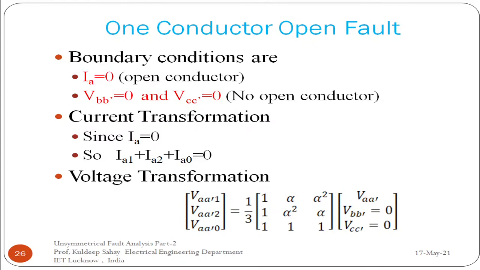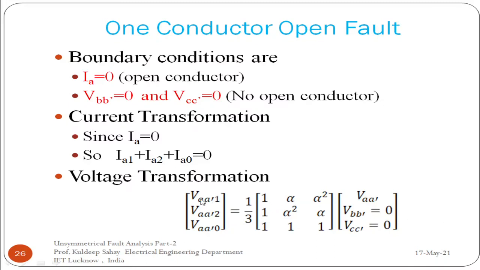The voltage transformation can be done using the circuit condition. Here you know that VB dash is 0 because there is no opening on conductor B, and VC dash is 0 as in this case also there is no opening, so these two terms will be 0.